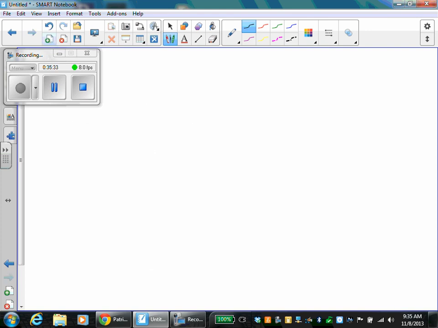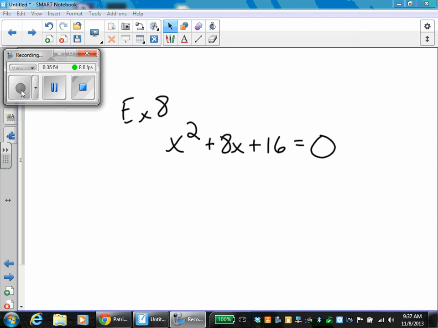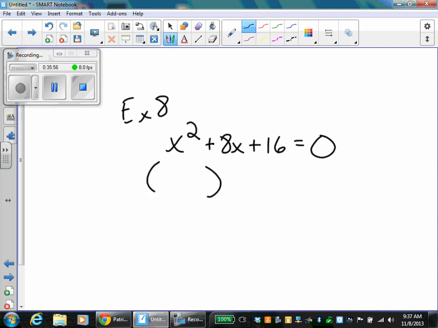All right, just a few more. What if you have one that looks like this? Try that one. So when you factor it, this comes out to equal x times x and plus 4 and plus 4.